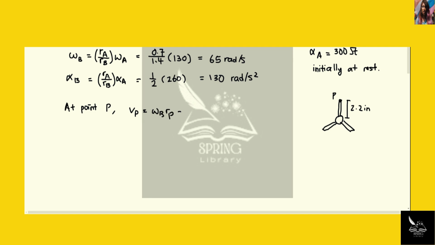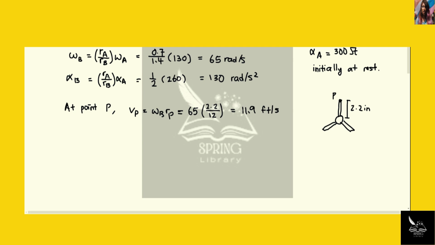So this is equal to 65 times Rp, which is 2.2 inch, converted to feet by dividing by 12, so you get 11.9 feet per second.